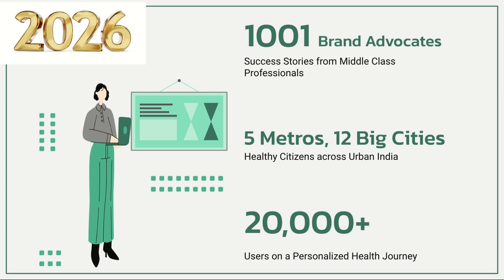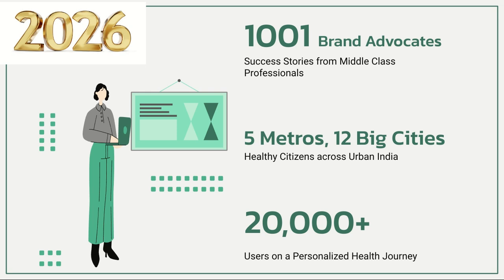So imagine 1,001 people spreading the good word about the platform's impact that it has had on their lives and on their families and on their careers, etc. If 1,001 such people are spreading the word in their social circles, among their friends and family, the impact of this could be quite amplified.